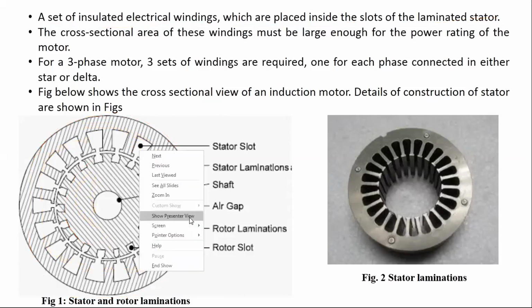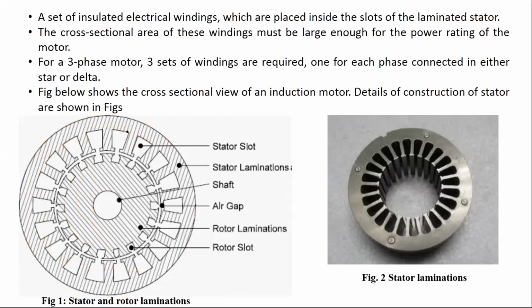Now you can see this is what we were discussing, that the stator of an induction machine is laminated, it has laminated sheets. Now why does it have laminated sheets? You can see that thin sheets of cast iron or steel are formed in this way.